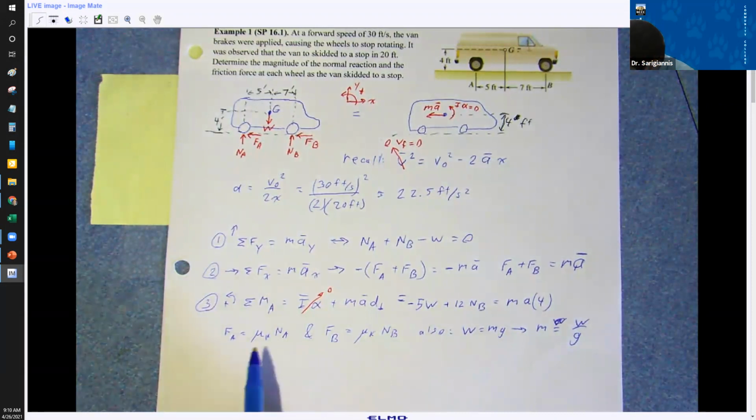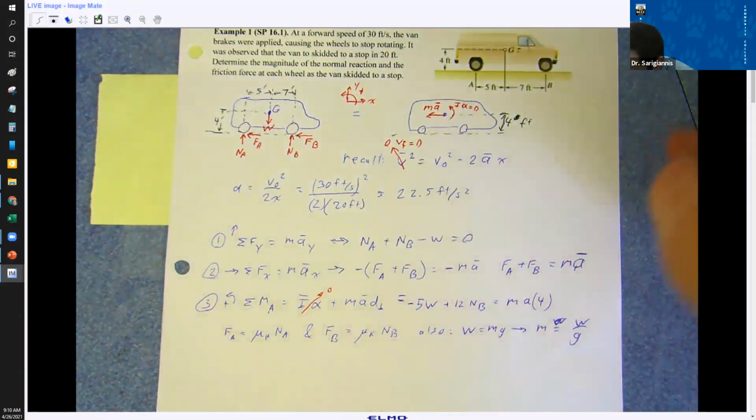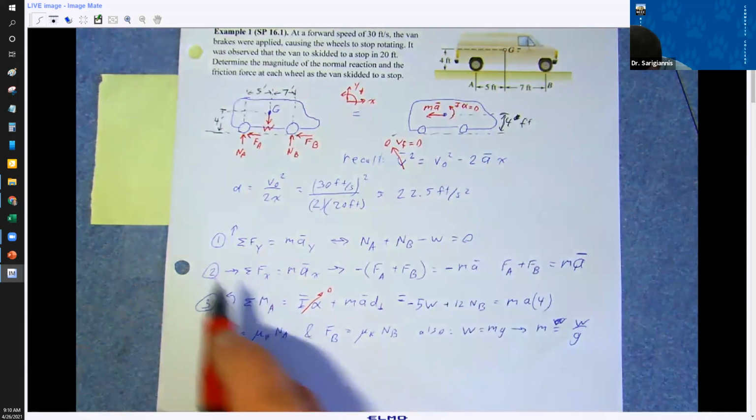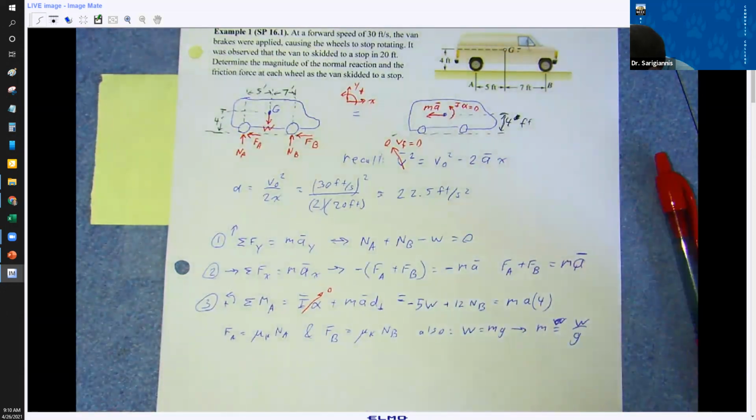So we can take this information. Well, let me just add this up here. Let me number these. Oh, I did. 1, 2, and 3. So take this information.